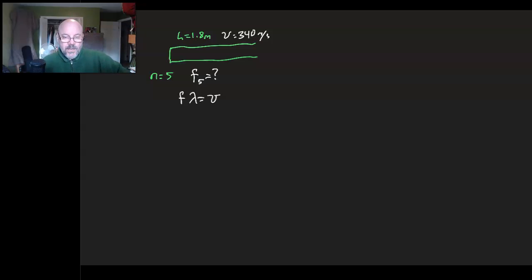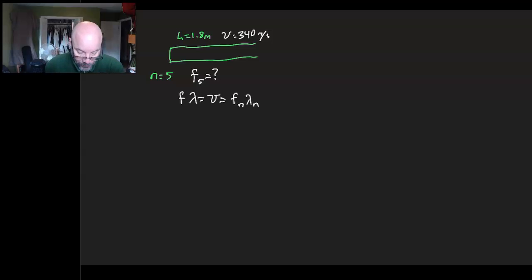All right, now back to f lambda equals v. Now, there are only certain frequencies and there are only certain wavelengths. So a lot of times when we've got a situation where there are these discrete values, in other words, only certain ones that can happen, we'll put a little sub n on there.